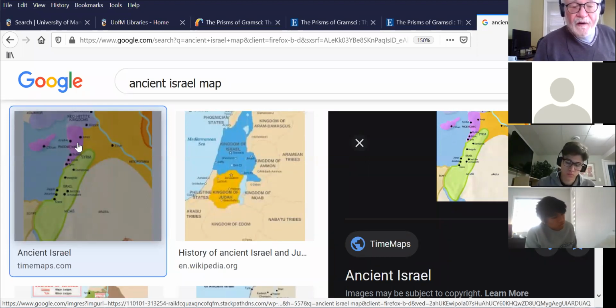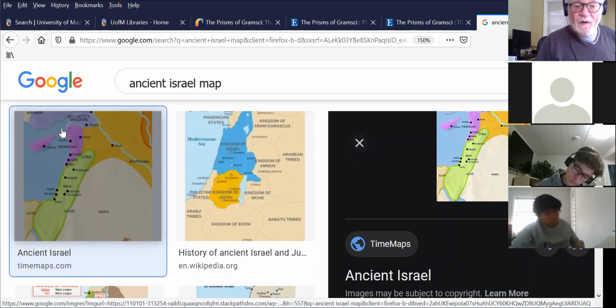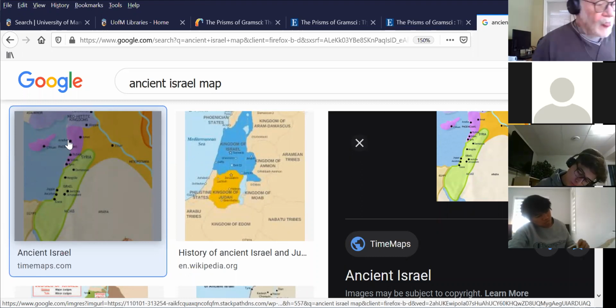In this area here, sitting right on the coast, from after 1200, this becomes a big center of commercial life. Merchants play a huge role here. This is one of the first centers of real commercial intensity in the Middle East. Come to think of it, Lebanon still has that role.